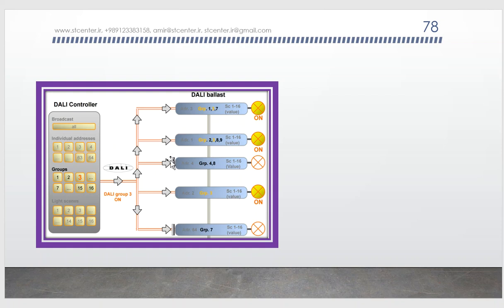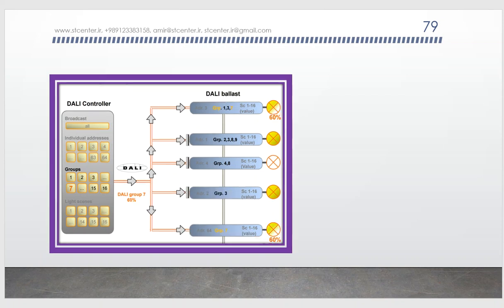We have 16 different control groups in each Dali line. For example, if these ballasts are assigned to group 3 and you send on, all of them switch on. Or you can send a specific amount of light, like 60%, to a specific group.